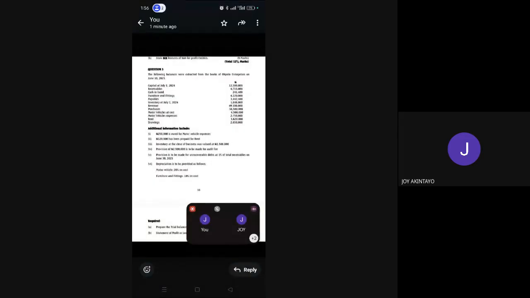So next one. The next one is furnitures and fitting. Where are we posting these two? Debit side or credit side? Are we posting on the debit or credit side?